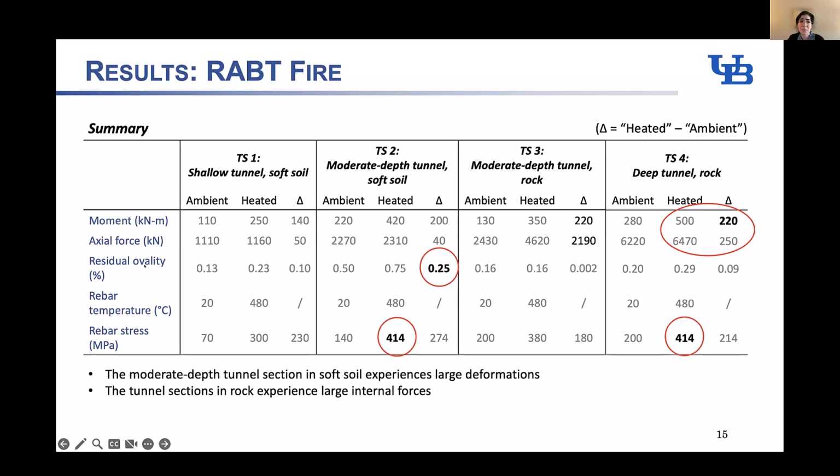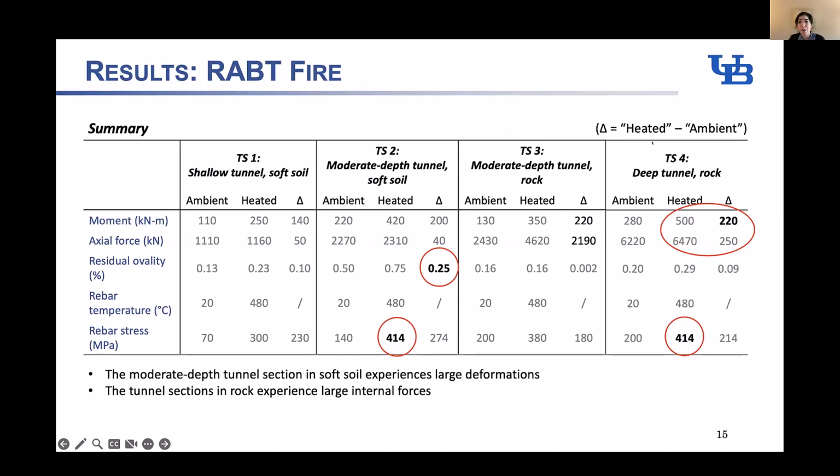Residual ovality is a measure for tunnels that gives us an indication of how much the whole section, circular versus oval, is deforming, as well as rebar temperature and rebar stresses. You get them for ambient and heated, and then the delta, the difference.